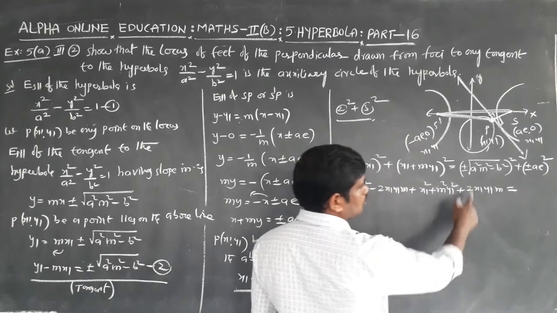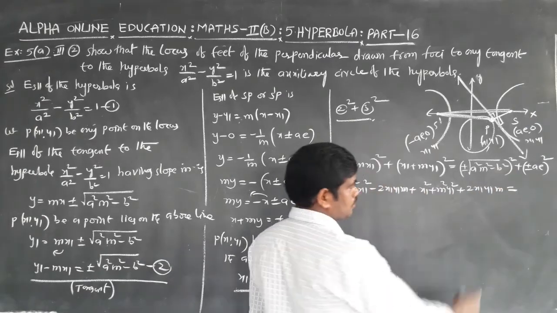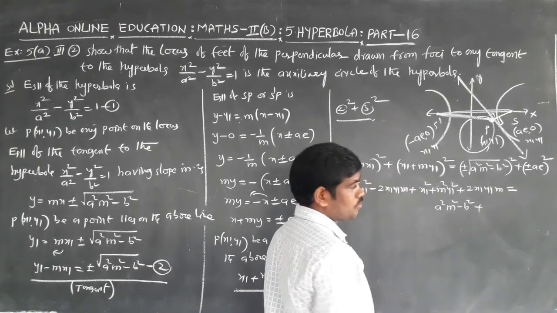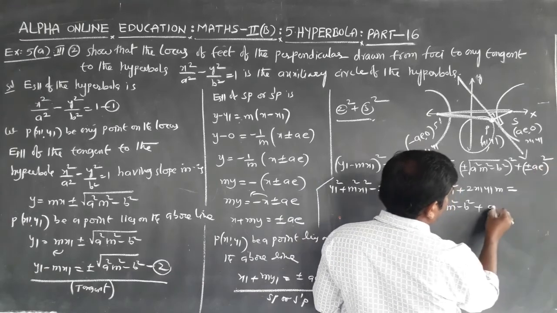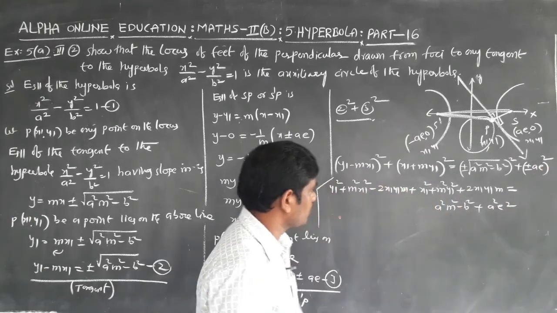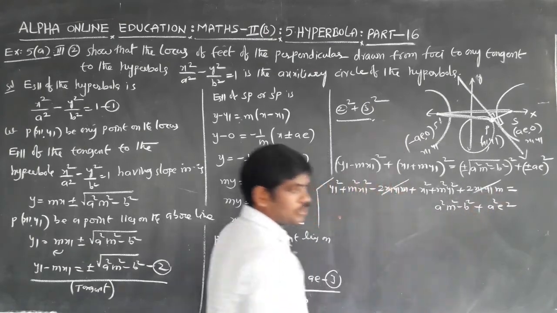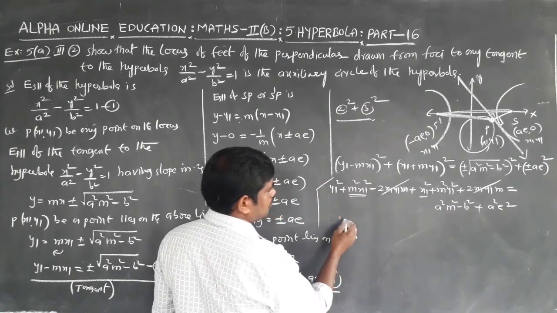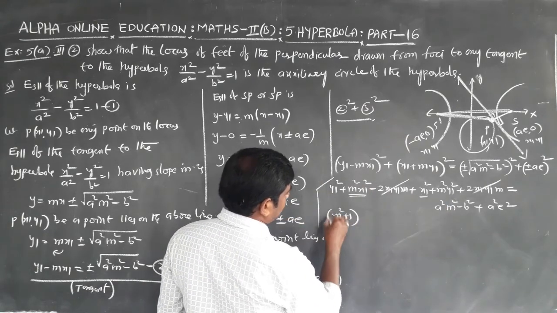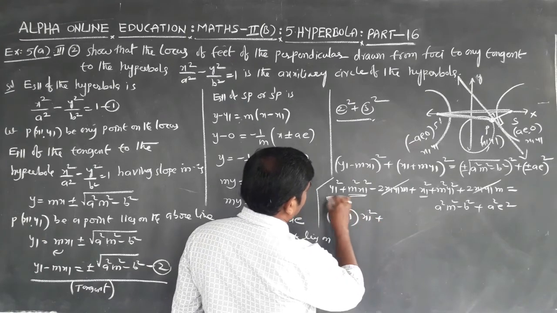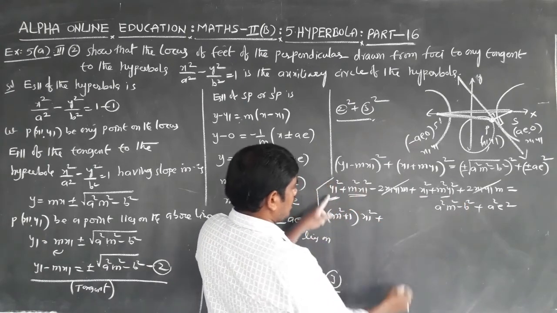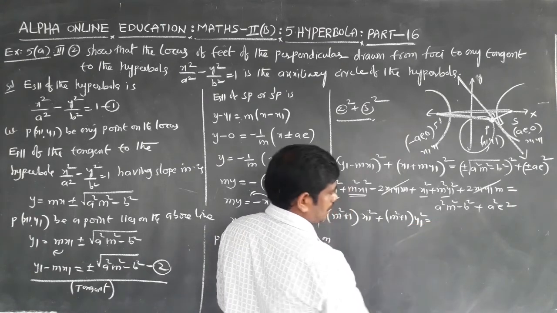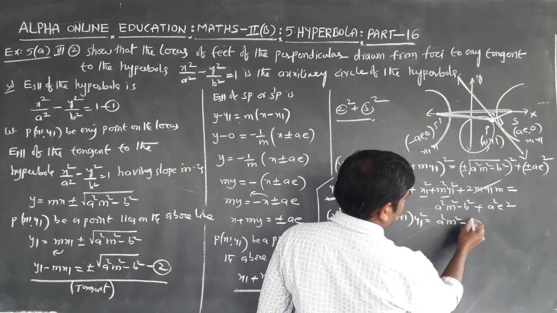Here plus or minus ae whole square means a square e square. The 2x1 y1 m terms cancel. Taking x1 square common in these two terms, m square plus 1 into x1 square, and y1 square common in these two terms, m square plus 1 into y1 square, equal to a square m square minus b square plus a square e square.